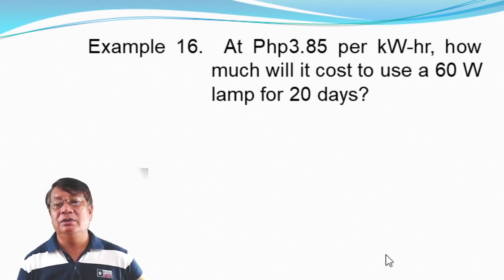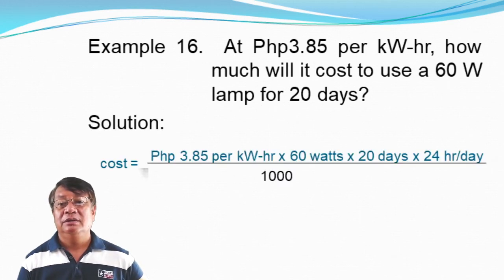For our solution, we have the cost per kilowatt hour, the 60 watt power of our lamp, and the number of days in operation, 20 days.